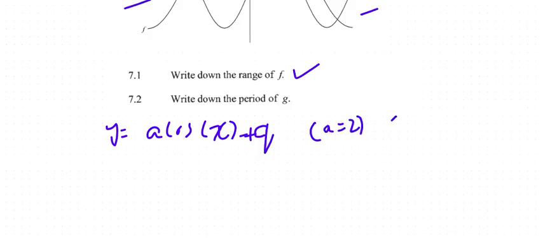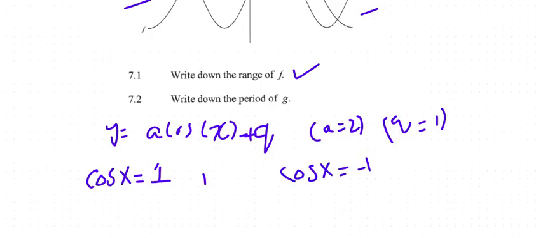The maximum value of cos x is 1 and the minimum is minus 1. So the range of f is y belongs to minus 1 to 3.